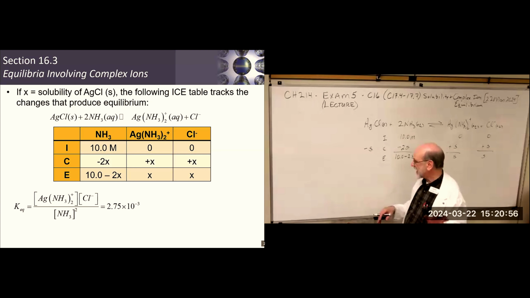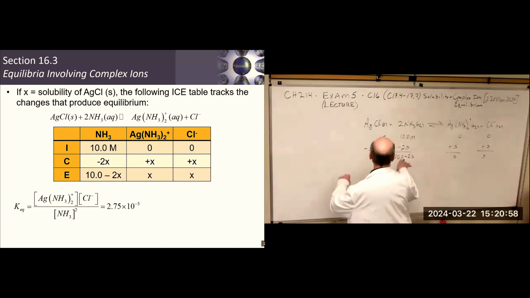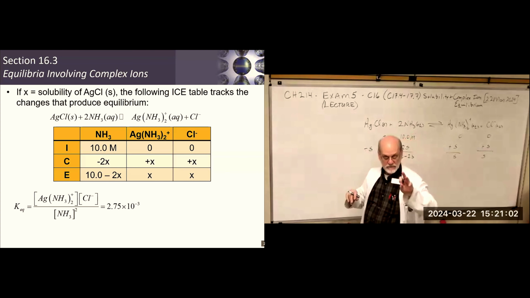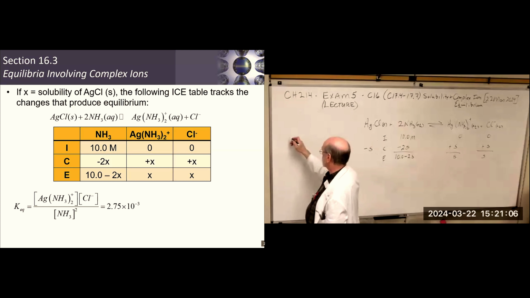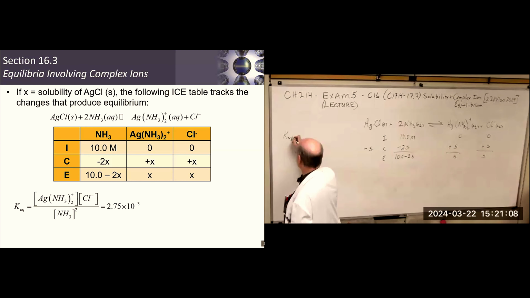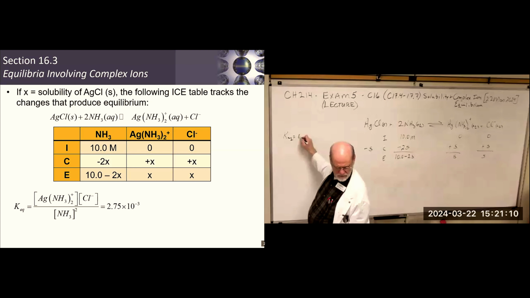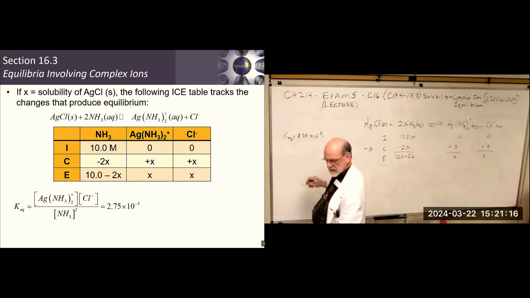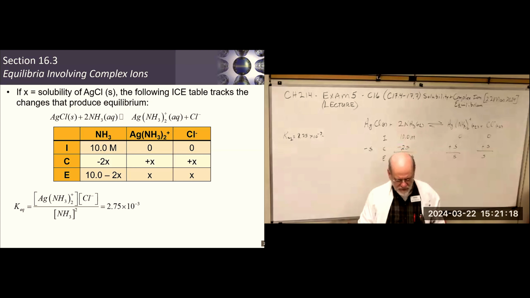So if we use that KEQ, which was calculated for this situation using those three different Ks, then the KEQ is equal to 2.75 times 10 to the minus 3. And I'm not going to write the rest of that stuff up there.